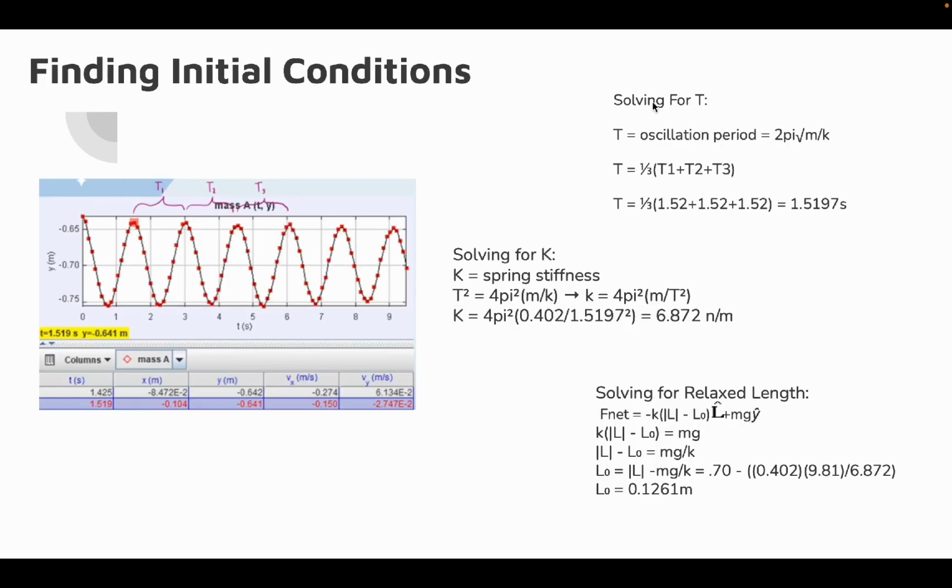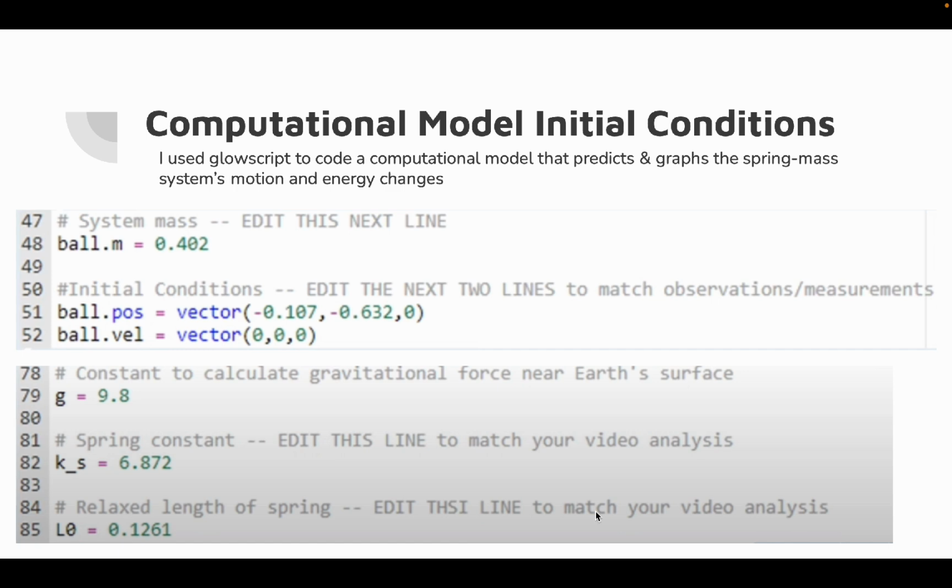And so here you can see I solved for T, which is the period of the graph, and I solved for K, which is the spring stiffness, and then I solved for the relaxed length as well using the spring force equation.